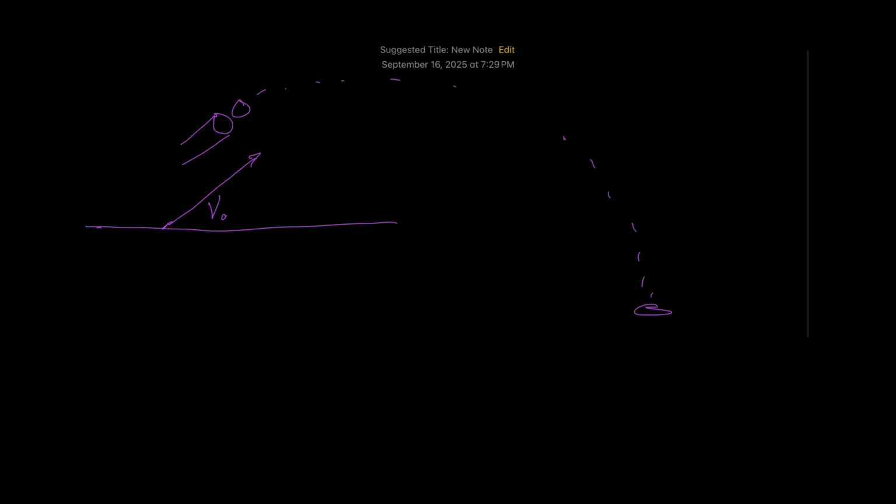So to label everything, we have our v naught, we have our angle here, which is theta, and then we have our difference, our delta x, so our range, okay?